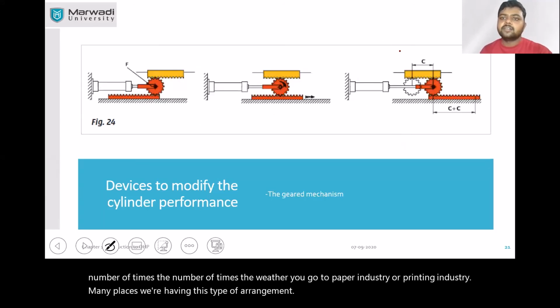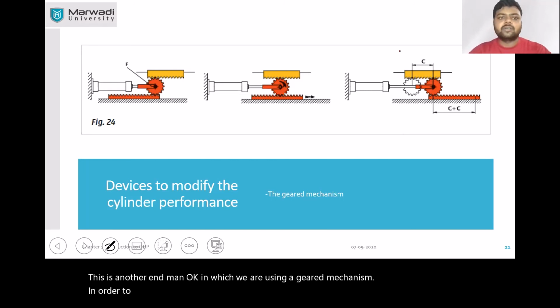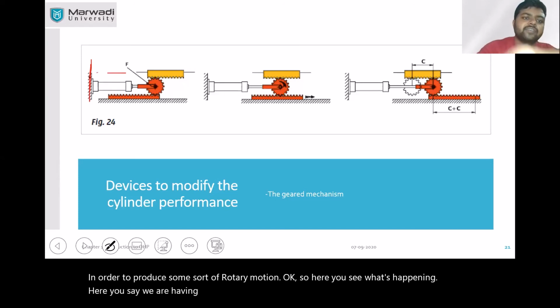This is another arrangement in which we are using a geared mechanism in order to produce some sort of rotary motion. Here you see what's happening. We have a cylinder with a fixed joint at the cylinder end. On the other side we have installed a gear.